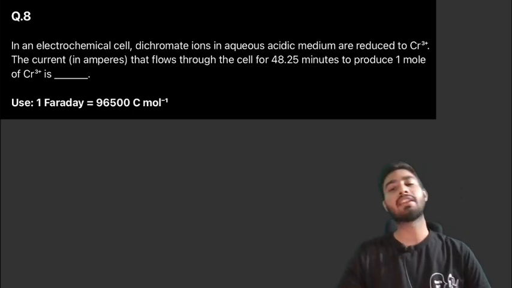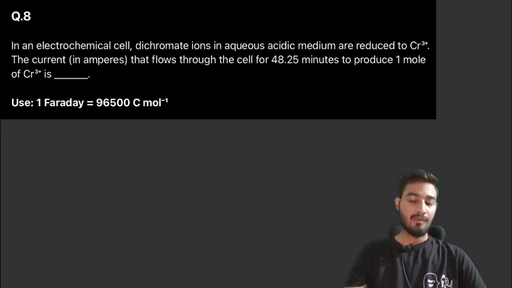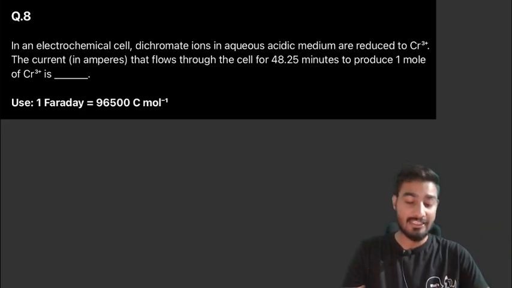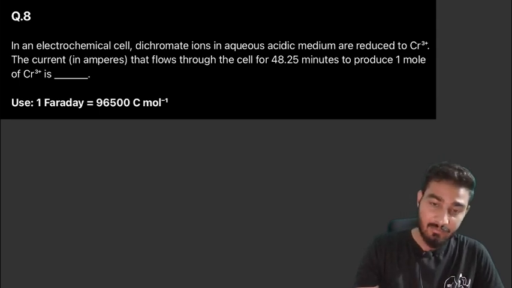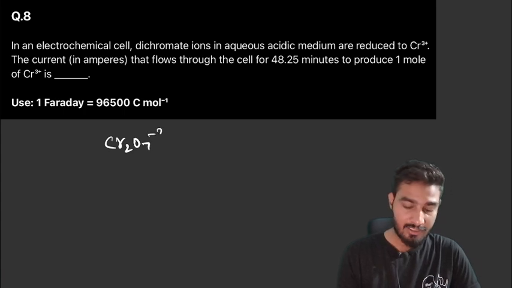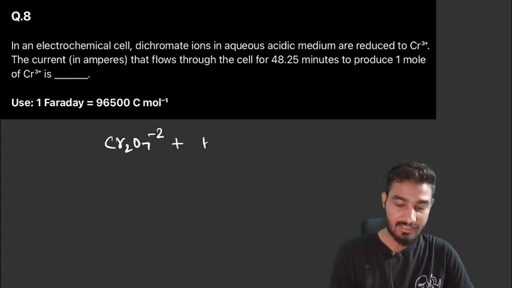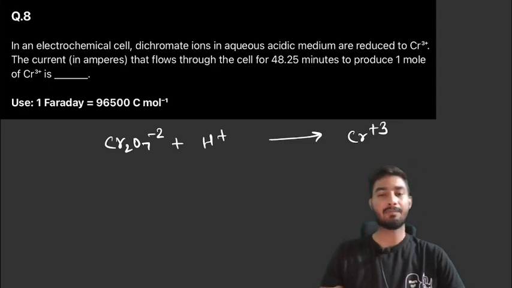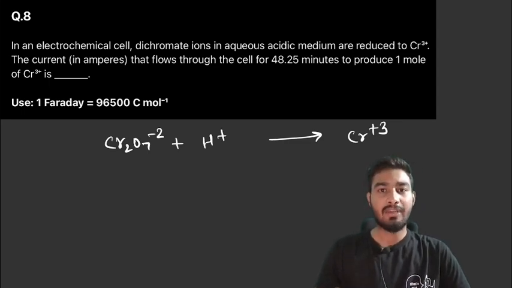It is a D and F block reaction given in an electrochemistry question. Dichromate Cr2O7 2- in acidic medium, that is in H+, will be reduced into Cr3+.